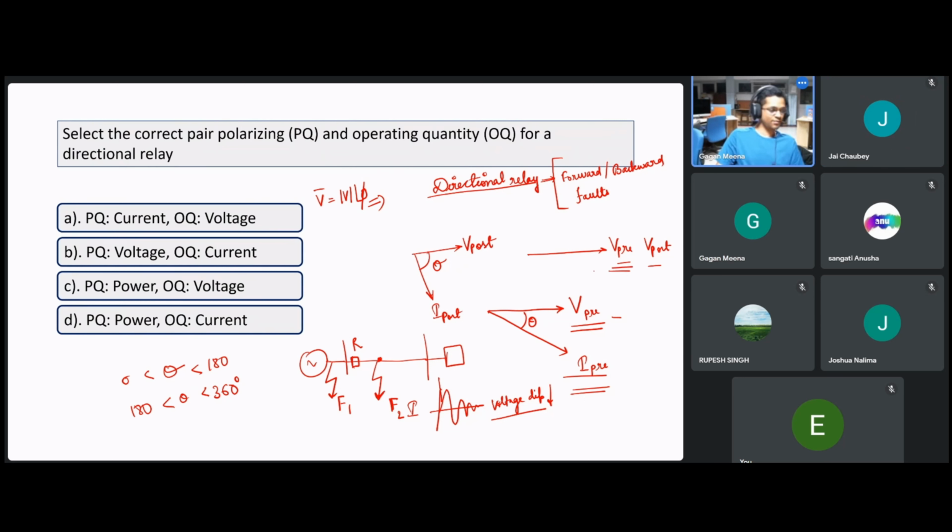Okay, we are discussing that voltage is a polarizing quantity because we want a reference, and during a fault the voltage phase is not changing. Yes, so voltage is the polarizing quantity. So which option is correct?